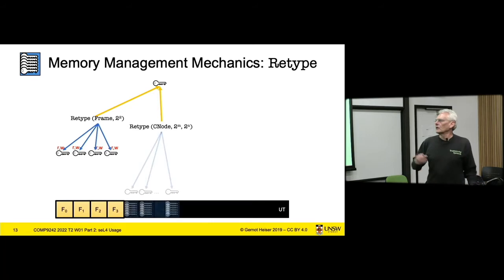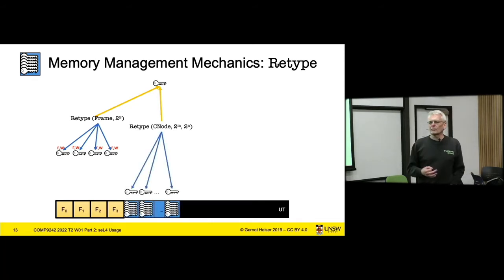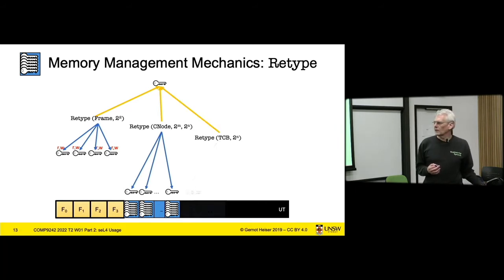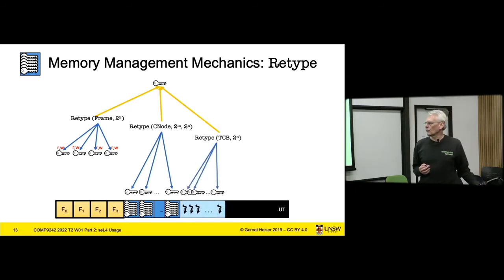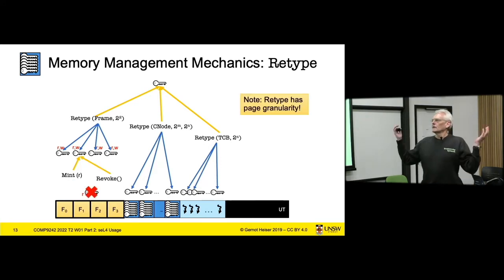So in particular, they have read and write rights, and that can be invoked. And then you can retype something into C nodes, so you have capability storage, and retype something into thread control blocks, so you now have threads, and so on. And if you have a read-write cap, you can mint the read-only cap, etc., and you can revoke that, and all that. So basically, retype is the basis of making memory useful.